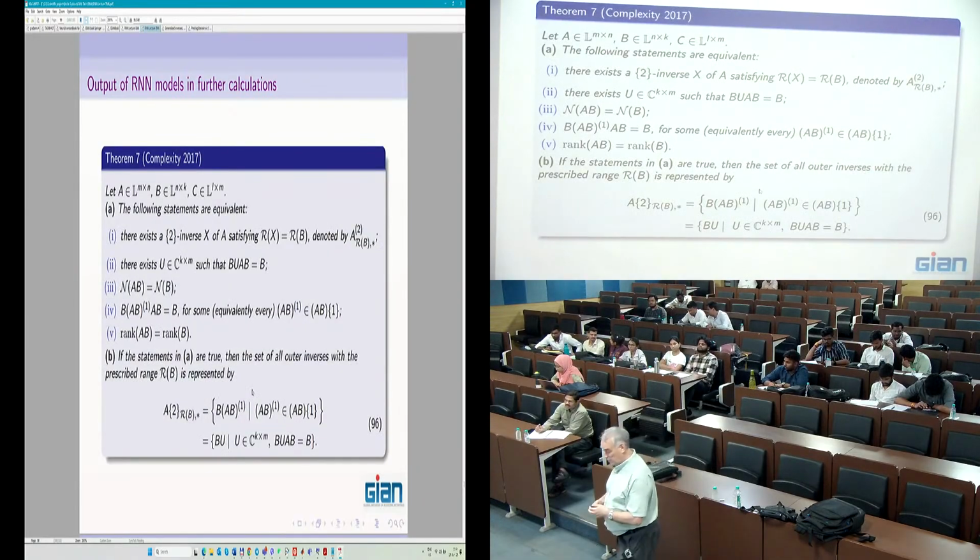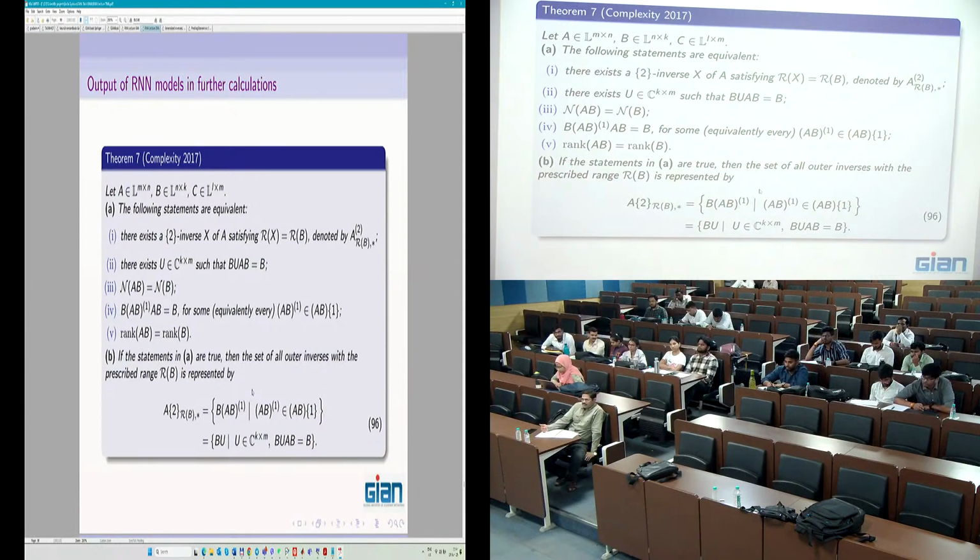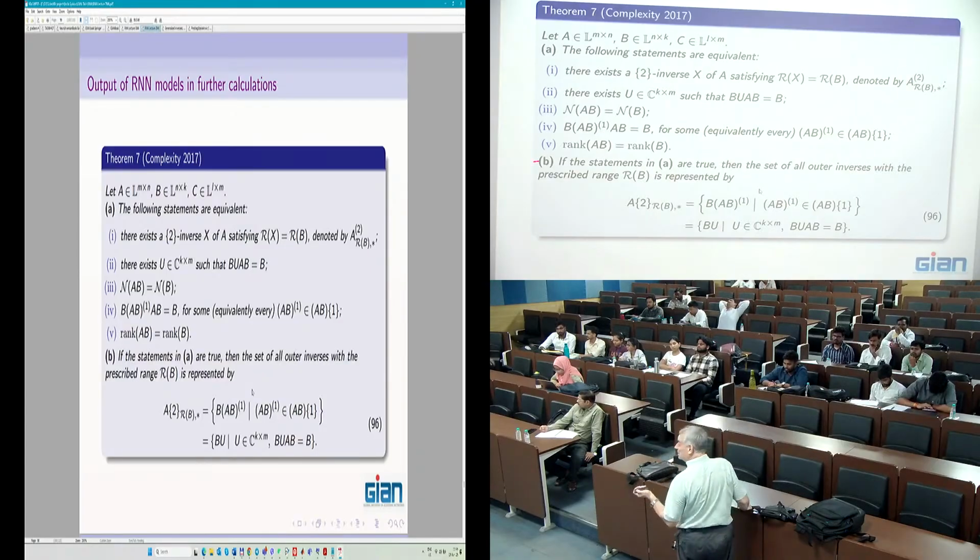Here is the theoretical result which gives the corresponding algorithm. This paper was a nice combination of algebra and such equations.